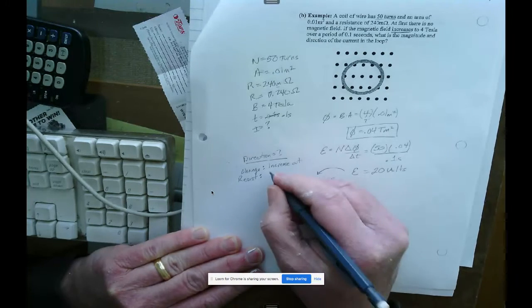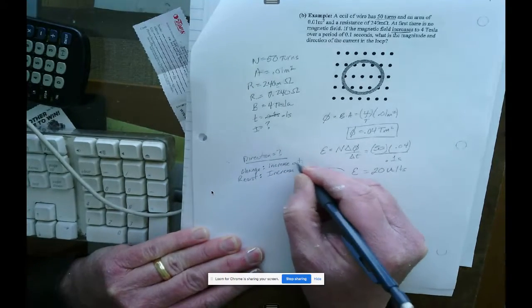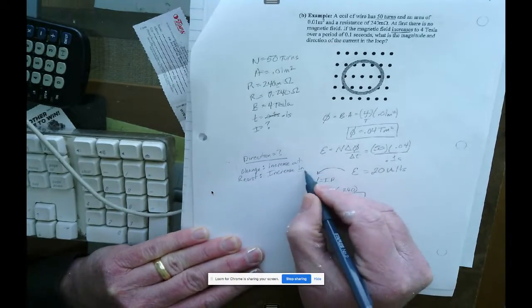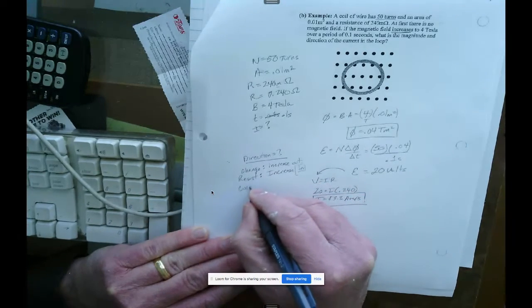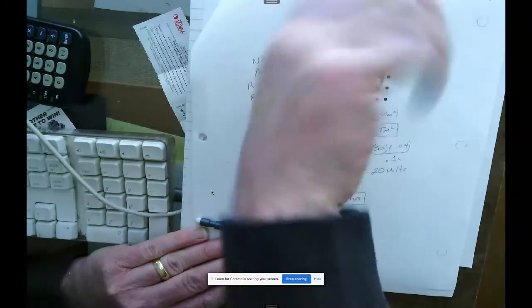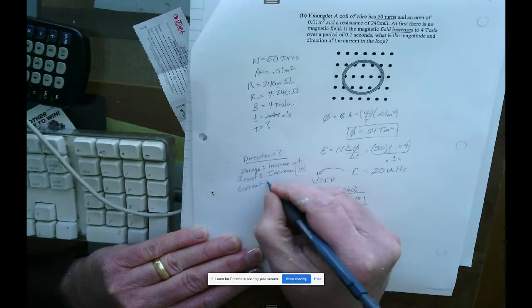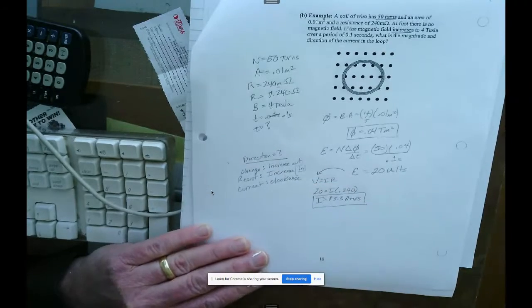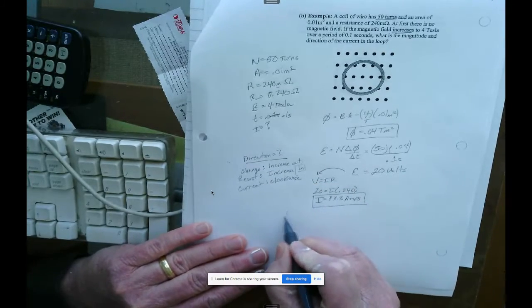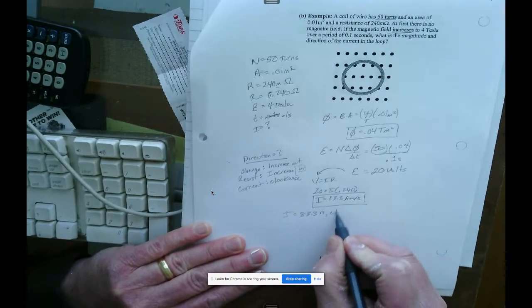Those would be the opposites. We want to choose the increase every time. So increase in is the opposite of that. And that tells us we're going to point our thumb into the page. So the current, if we point our thumb into the page, is going to be clockwise, because my fingers are curling around clockwise. So our net answer altogether is that I is 83.3 amps clockwise.